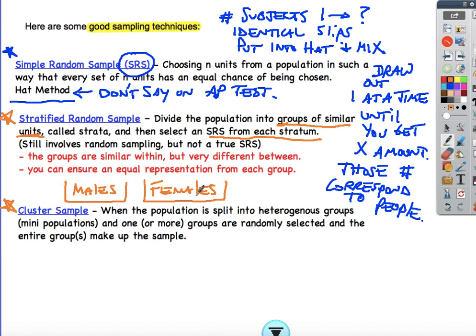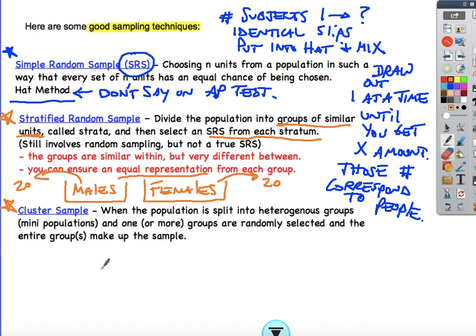This group has similar units. It's like I have two different hats, and then I'm going to select a simple random sample. So maybe I will pull out 20 names or 20 numbers out of the females and 20 out of the males. So stratifying is good because you're going to have equal representation from each group.